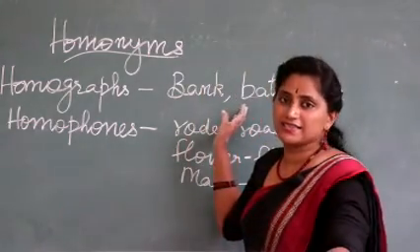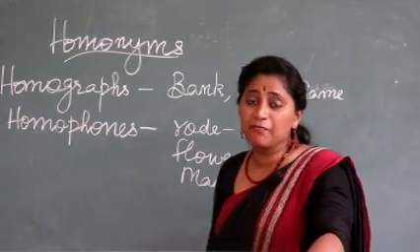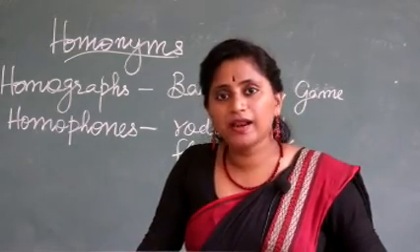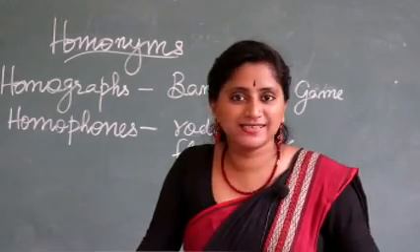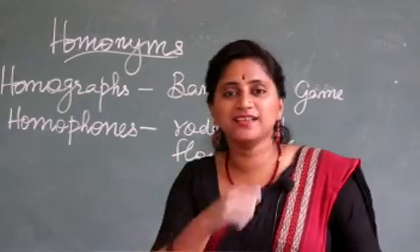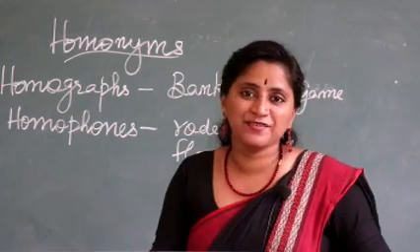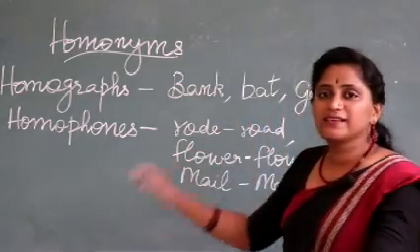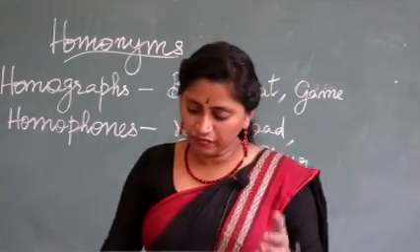We have bat. The spelling as well as the pronunciation is the same, whereas the meaning changes. One is the cricket bat, the other one is Batman, the bat, the flying mammal. Here again we have other examples such as game, and a few more.